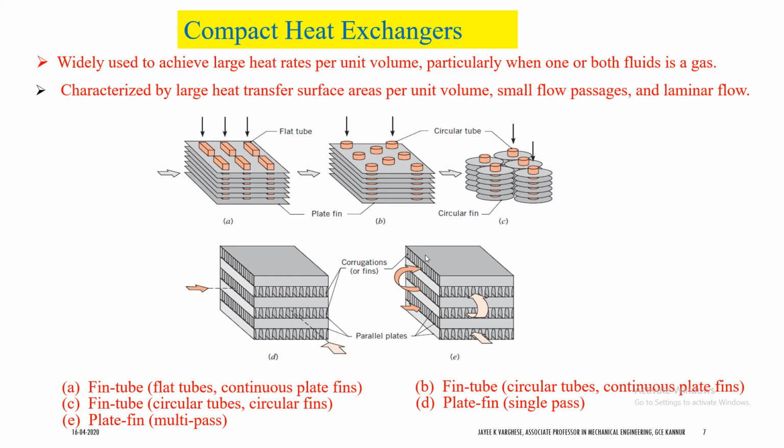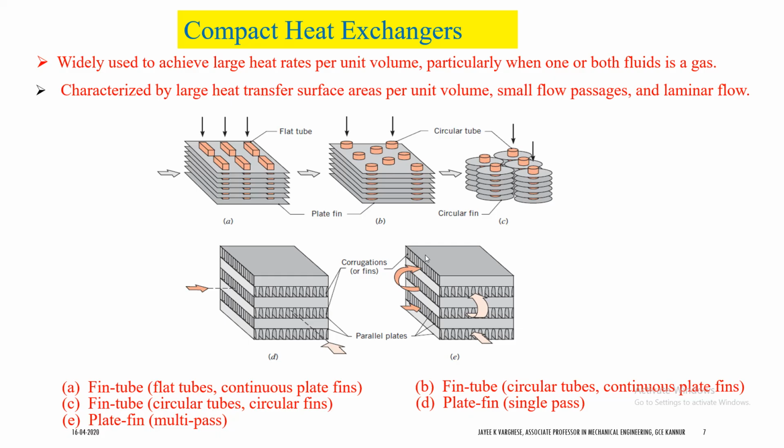Here U represents the overall heat transfer coefficient, A is the surface area of heat exchange for convection, and delta T is the temperature difference between the hot and cold fluid. All three terms are significant in deciding the total heat exchange in watts.